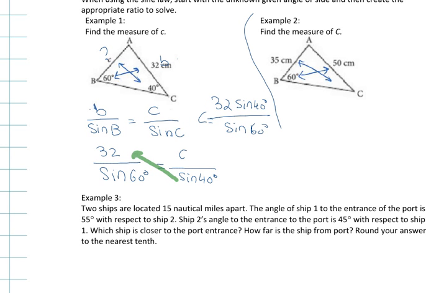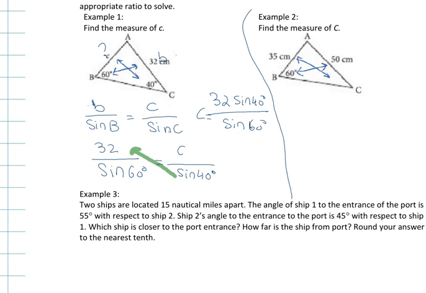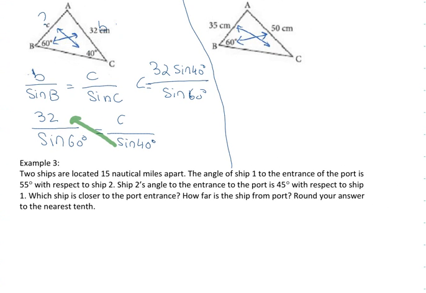So on your calculator, you're going to do that. And then what are you going to end up? So you're going to do 32 times sine 40. And then you're going to divide by sine 60.